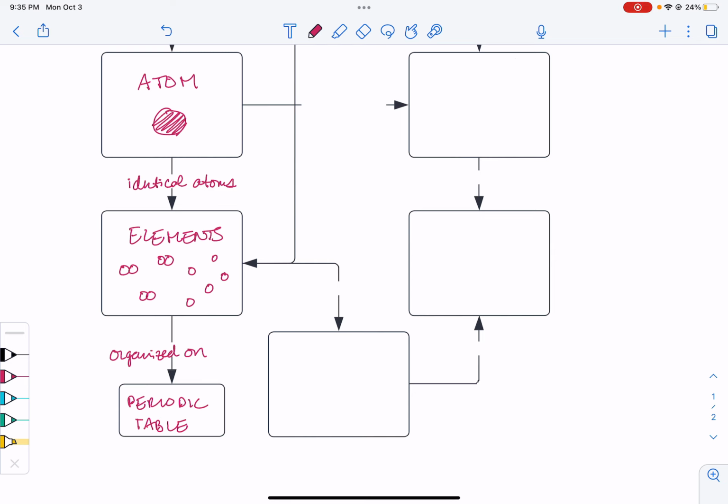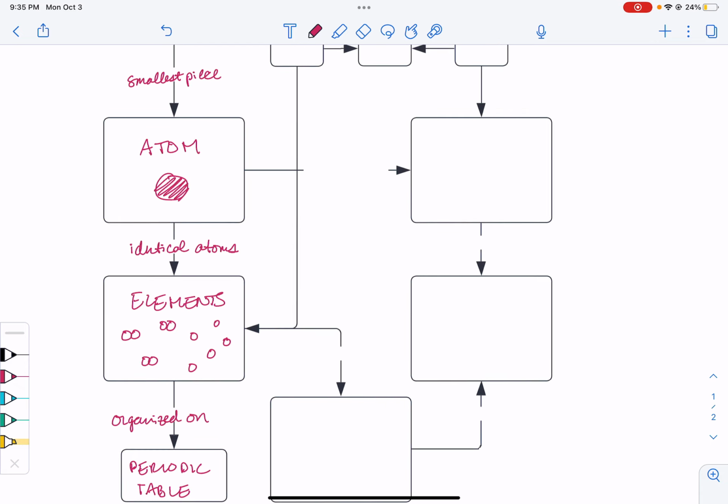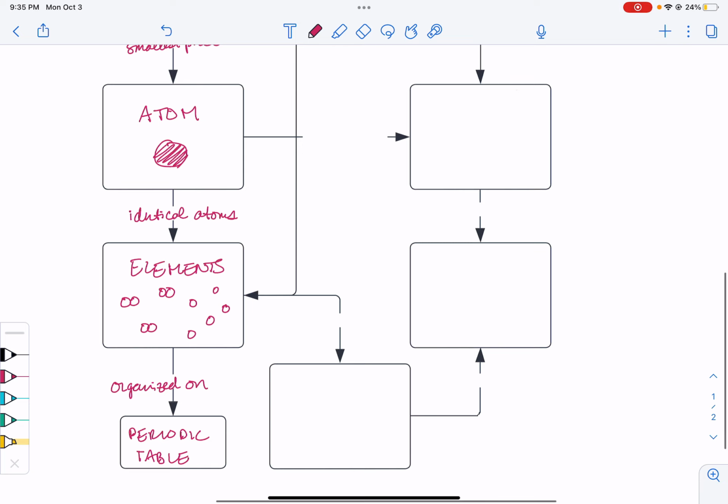We're going to talk more about that organization later. We can write about our elements because we don't always want to draw their pictures.